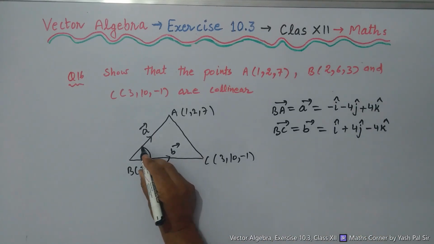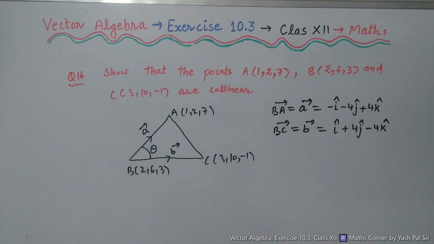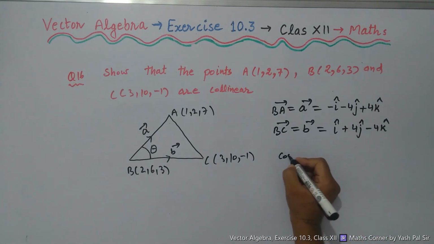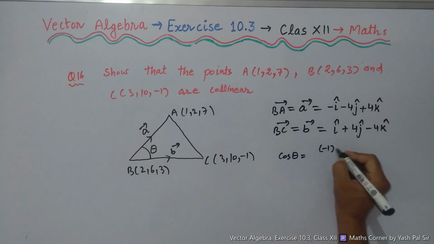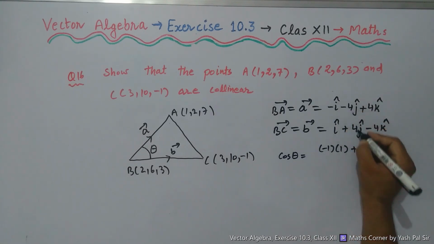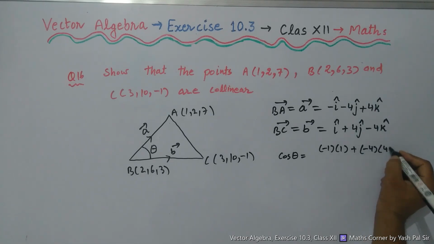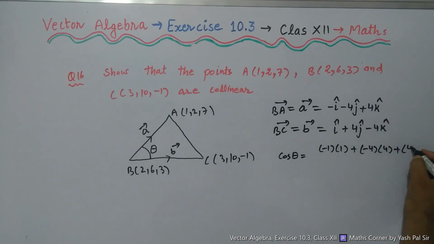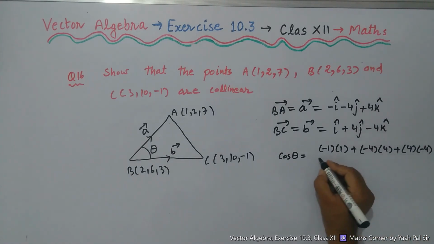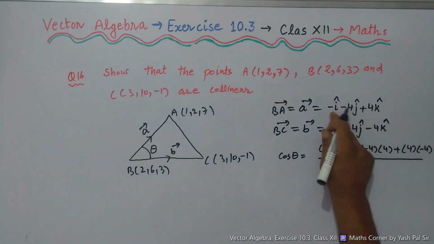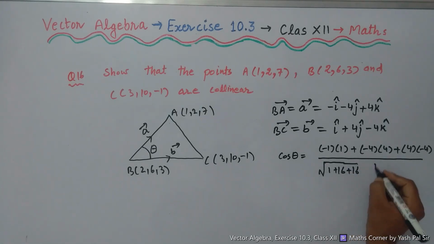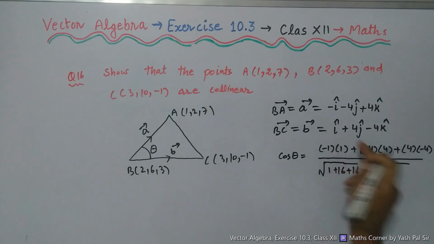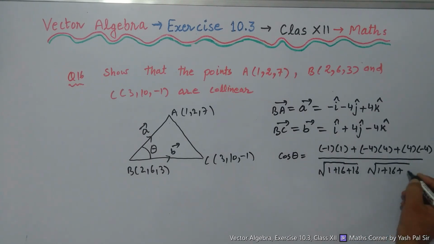Let them make theta angle. So cos theta is equal to A dot B: minus 1 into 1 plus minus 4 into 4 plus 4 into minus 4, divided by magnitude of vector A, 1 plus 16 plus 16, into again 1 plus 16 plus 16.